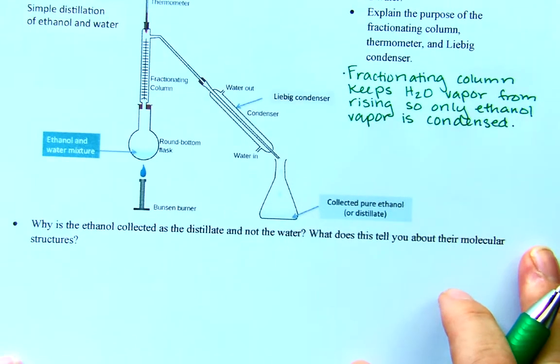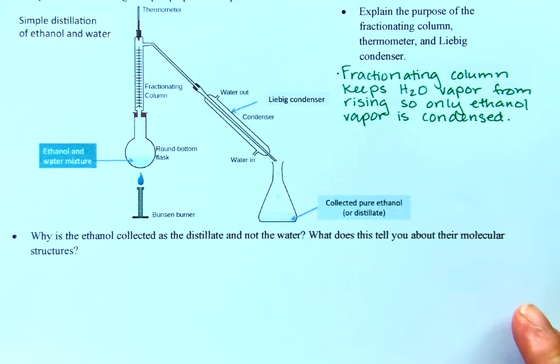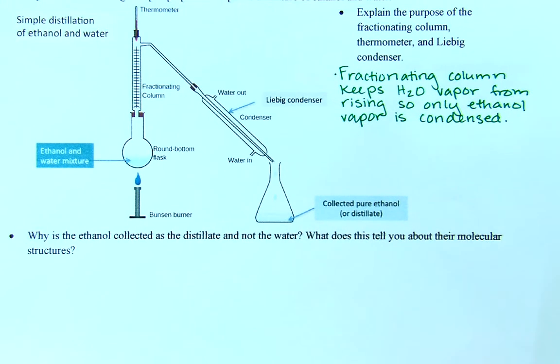All right, then thermometer. The thermometer is used to keep the temperature between the boiling points of water and ethanol. So you want the temperature to be higher than, or at least at, the boiling point of ethanol, but below the boiling point of water. That way water stays in the liquid phase.